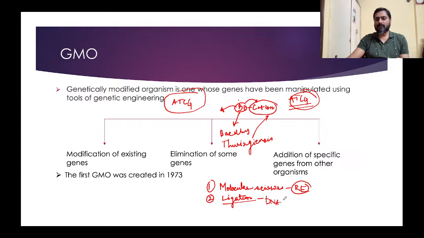This enzyme helps in sticking the DNA, and then we also need multiplication of this, so we'll use polymerase to multiply. So this enzyme is for cutting DNA, this is for joining DNA, and this one is for multiplying DNA.